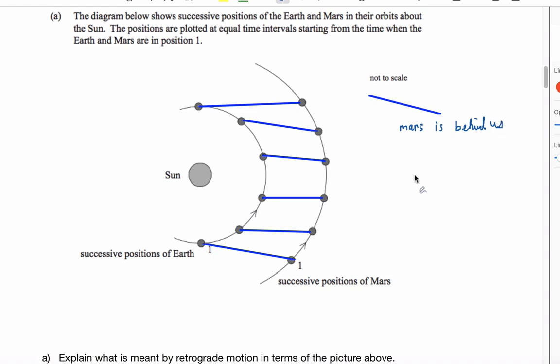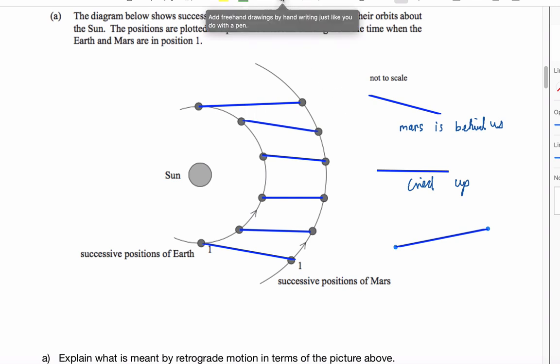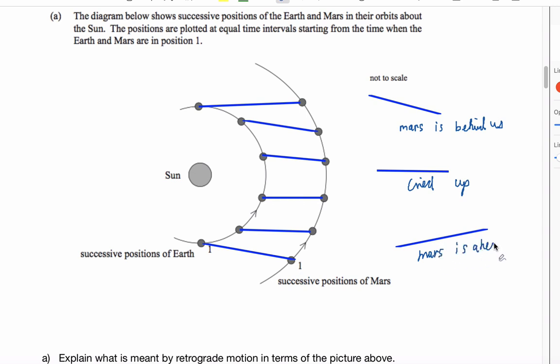And then when the line is here, sort of flat, and this is the best way to say this, but it's going to work for our purposes. Next here, they're lined up. And then the last way we can see the lines is that here, Mars is ahead.